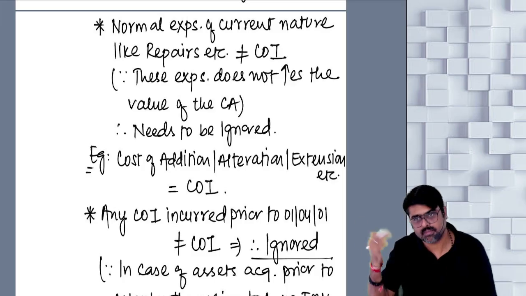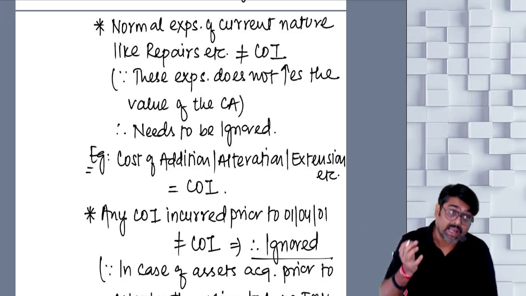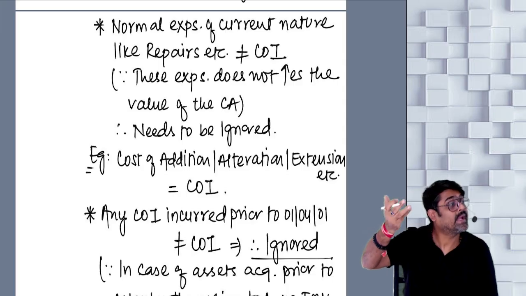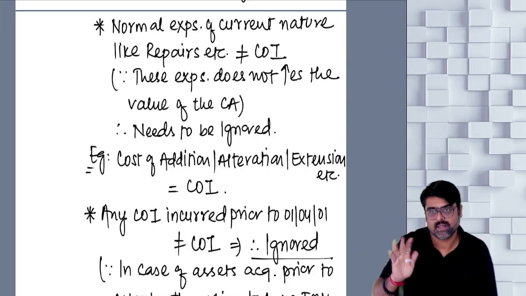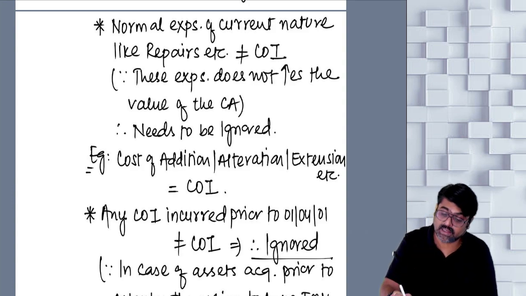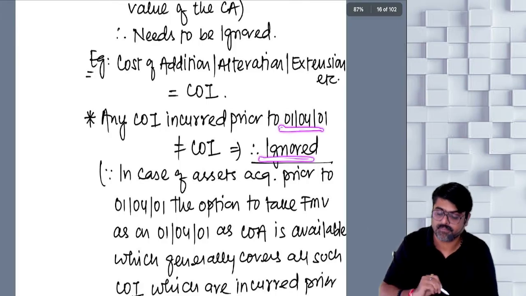That is not cost of improvement. Cost of improvement means any capital expenditure because of which the value of my property increases. That is cost of improvement. For that you can take the deduction. Understanding? But that cost of improvement, if it is incurred prior to 1st April 2001, needs to be ignored.